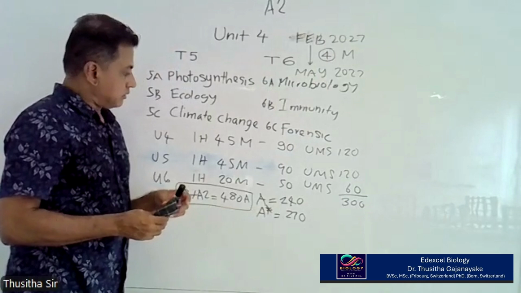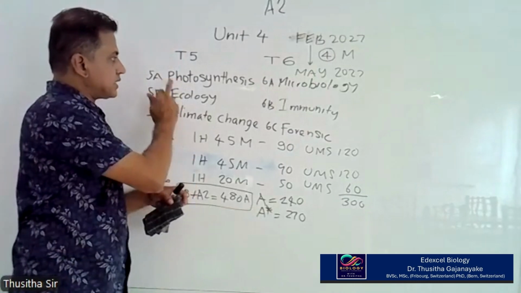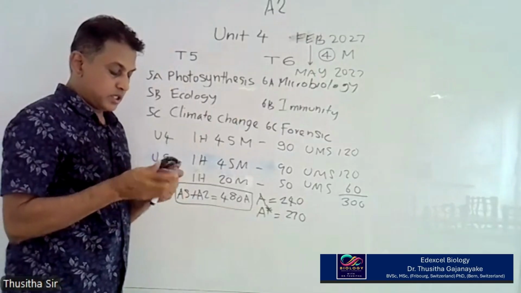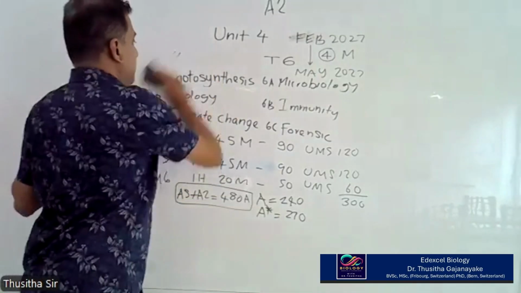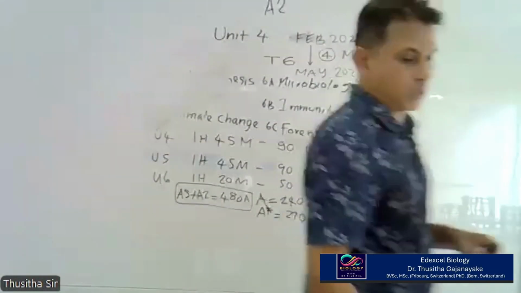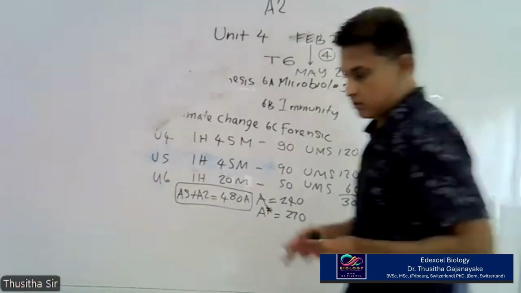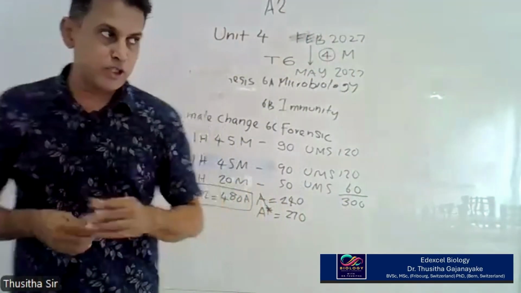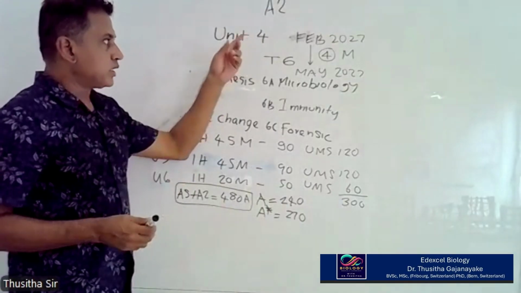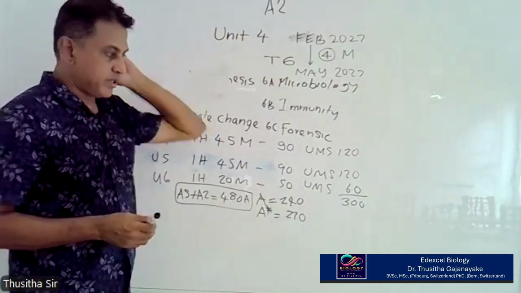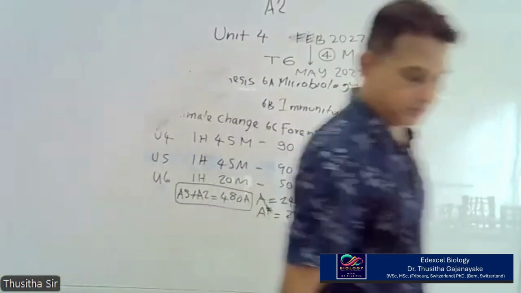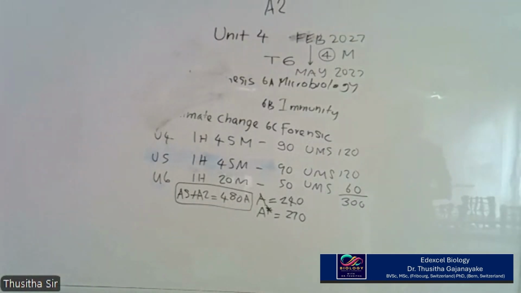For the first lesson, photosynthesis, I will give you a printed book with notes and exam practice questions. We do exam practice questions regularly in class, and full papers we start in February. If you have any question, you can ask.